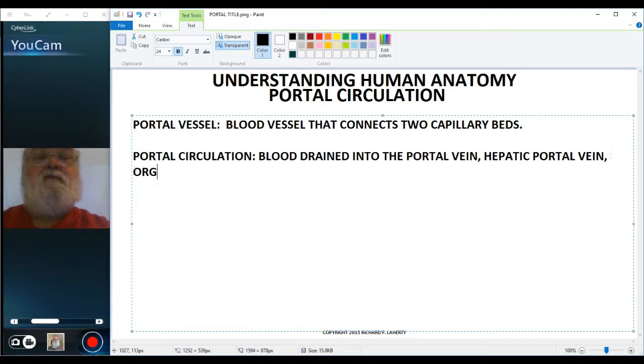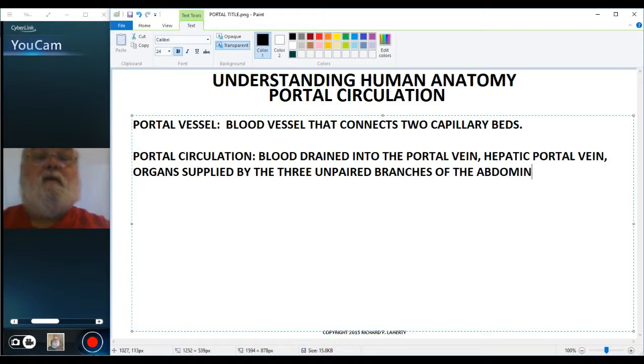So organs supplied by the three unpaired branches of the abdominal aorta will be drained via the portal vein to the liver.